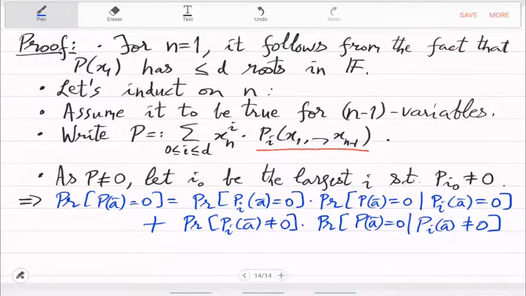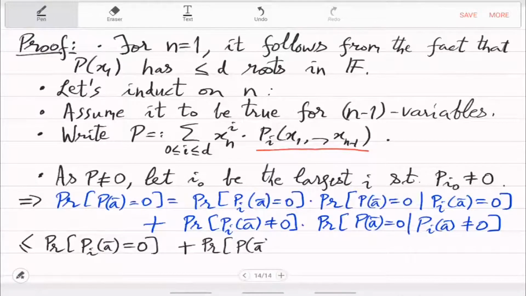Now we can upper bound each of these. So the first summand is definitely not more than the probability that Pi vanished, right? And the second summand is not more than the probability that P vanished when Pi did not.